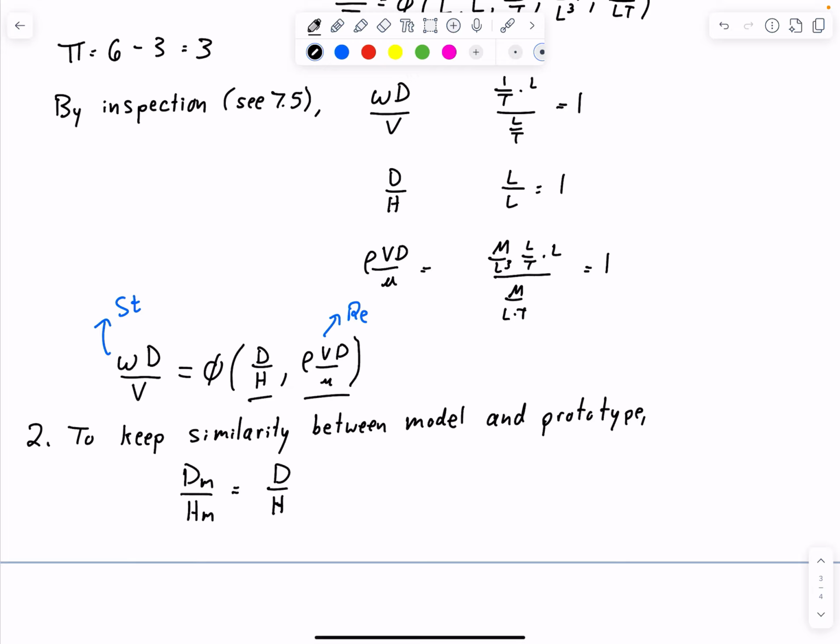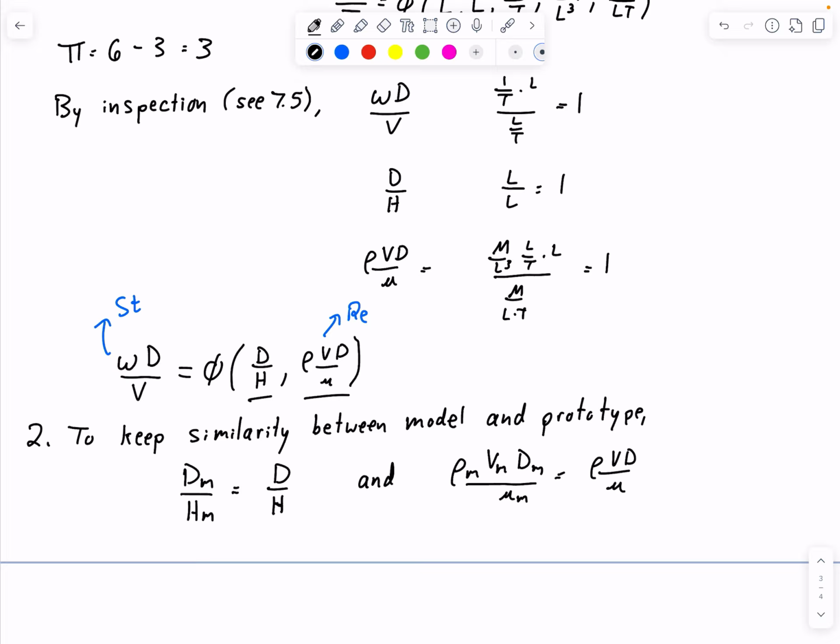That's our first restraint to keep similarity. And secondly, we would say that rho of the model times v of the model times d of the model over mu of the model is equal to rho vd over mu of the prototype. Both of these equations have to hold in order to keep similarity between the model and the prototype.